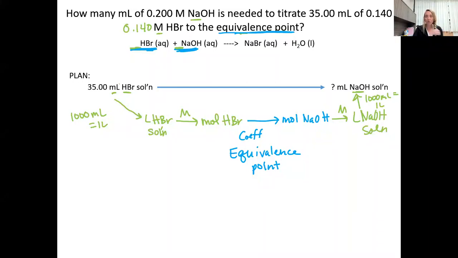But you should really only use the M1V1 equals M2V2 formula when you're doing dilutions that have the same unit and label. So mathematically it will work out, but that's only because of the 1-to-1 relationship. Technically it's not correct to use M1V1 for titrations. You can only use M1V1 equals M2V2 for dilutions.